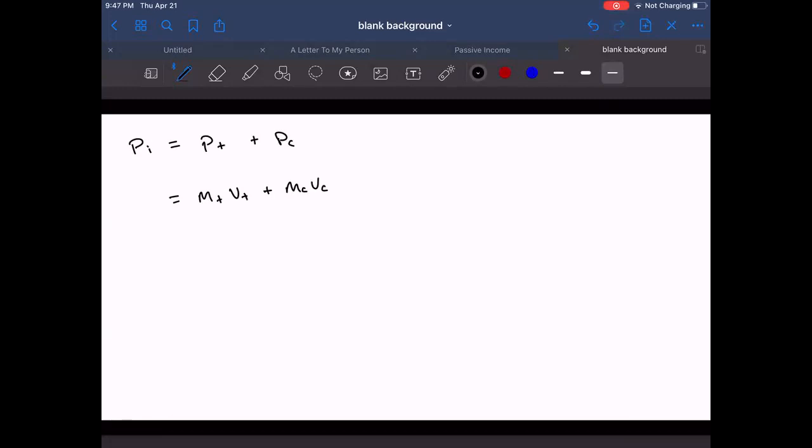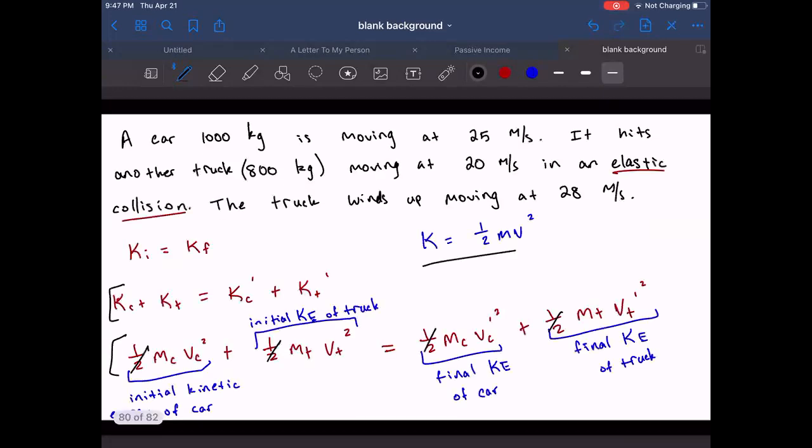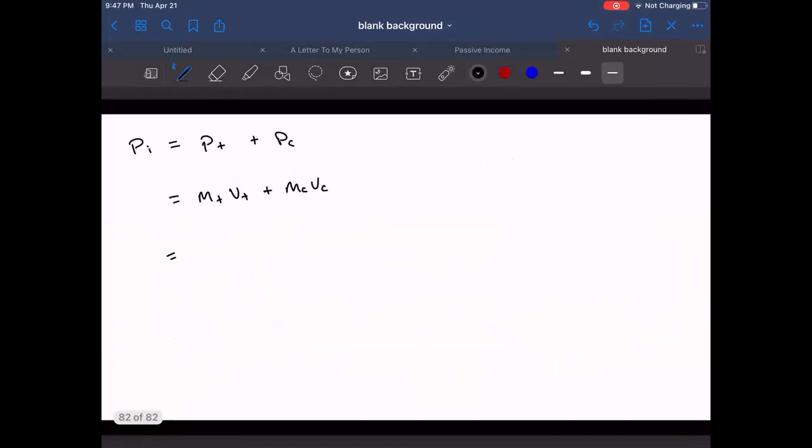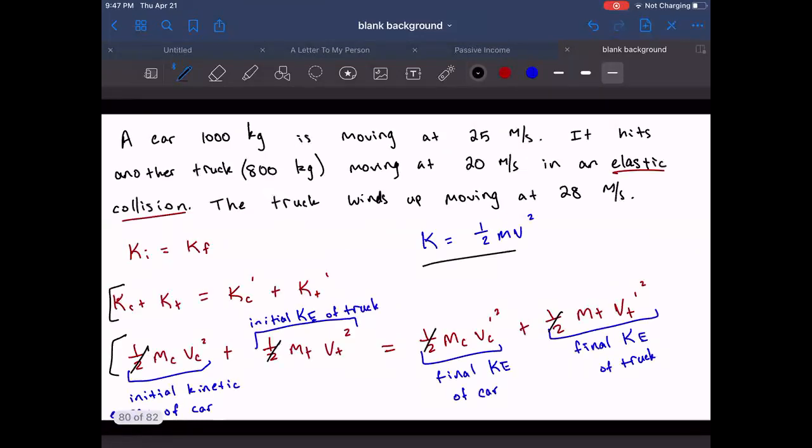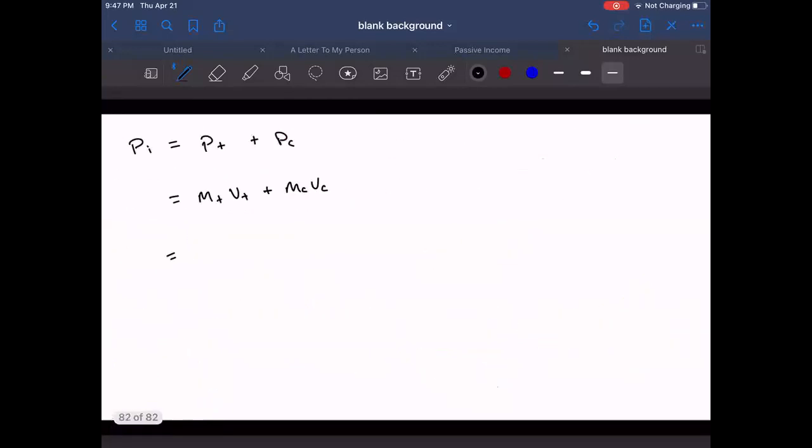So then we can plug it in, and it would be mass of the truck times velocity of the truck, which, when it's initial, is 800 times 20 plus mass of the car times velocity of the car is 1,000 times 25, 41,000 units of mass times velocity, of course.